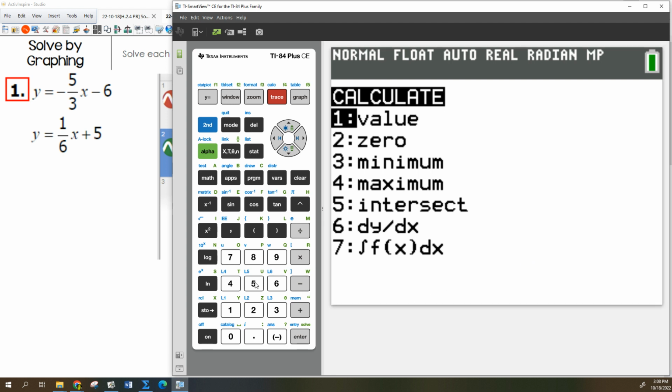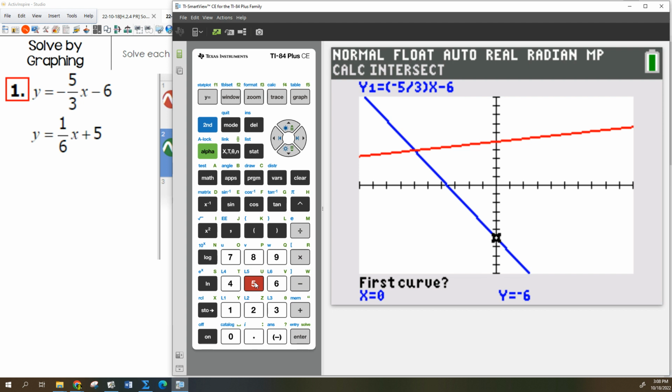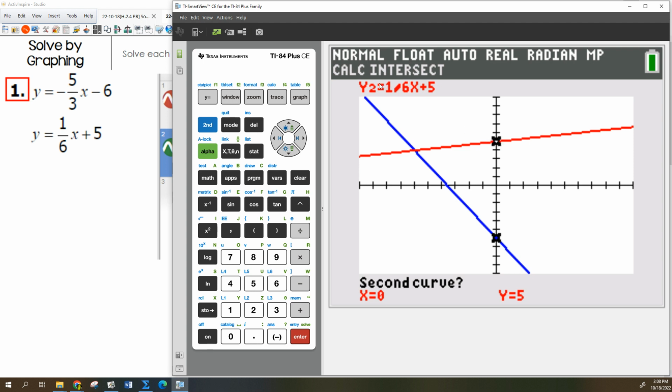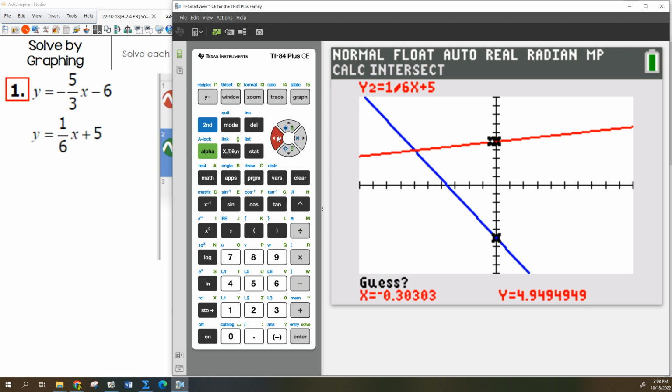So second calc 5. And now I just have to tell it which are the two lines that I'm intersecting. I only have two. Is the blue y1 the first curve? Yes, so I hit enter. Is the red y2 the second one? Yes, so I hit enter. For my guess, I'm just going to trace over reasonably close to the intersection and hit enter.